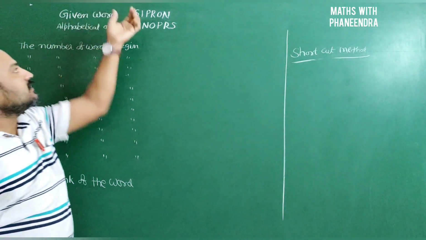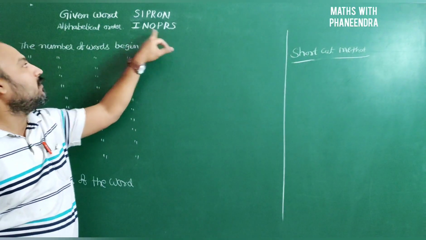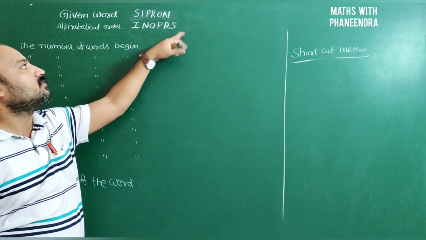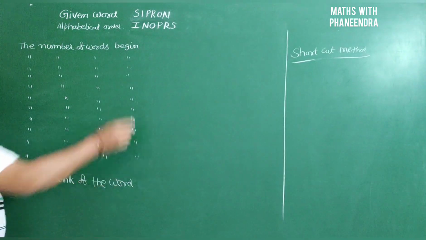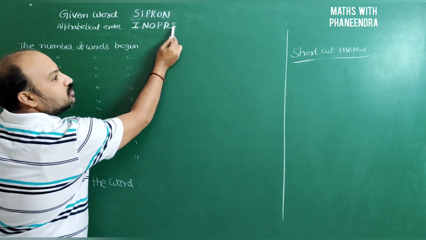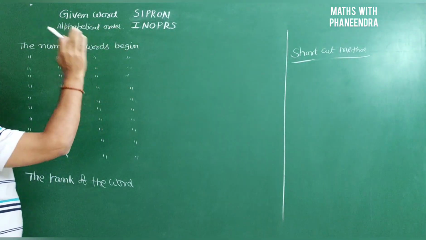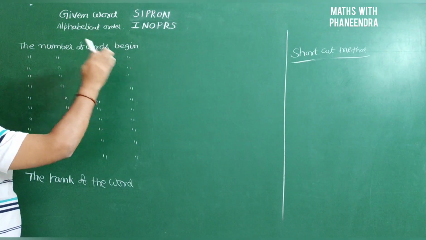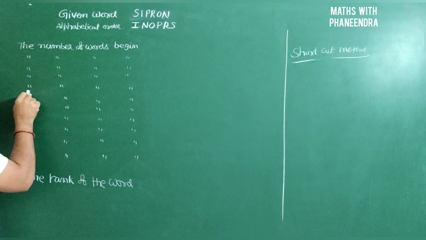Again it becomes INOPRS, because the same letters are there in the word. Next, the given word, yes, is there in the first, here it is lost. So the number of words which begin with I, which begin with N, which begin with O, which begin with P, like this, which begin with R. Like this we write it.